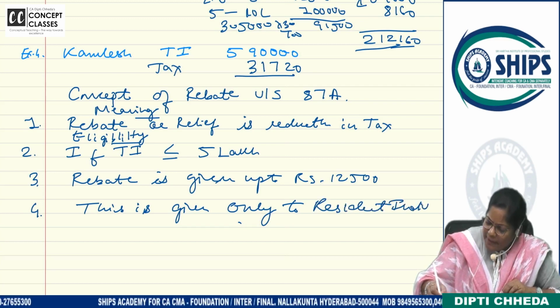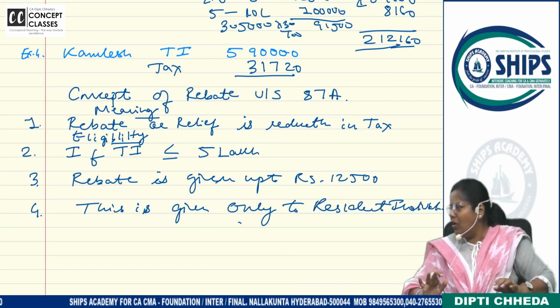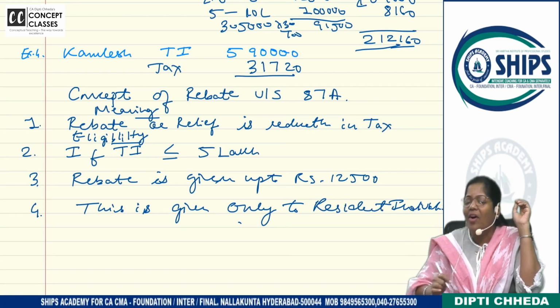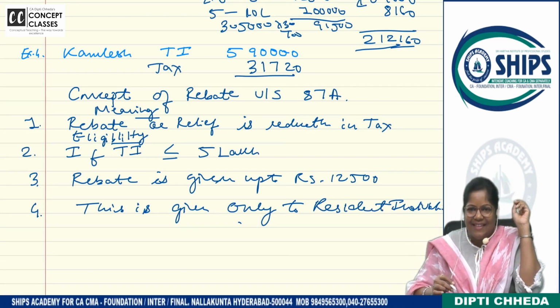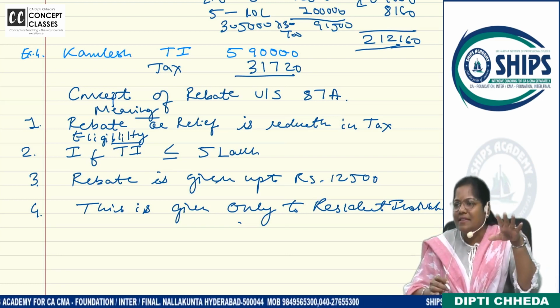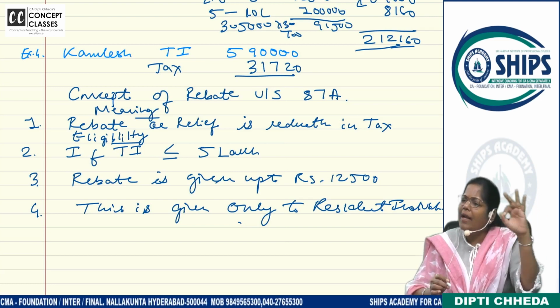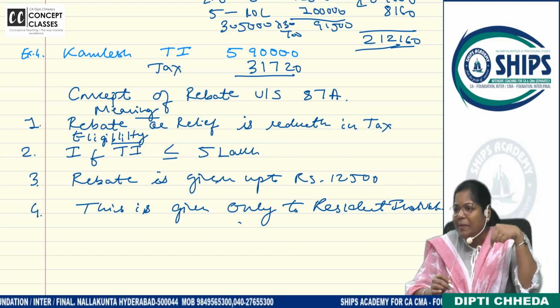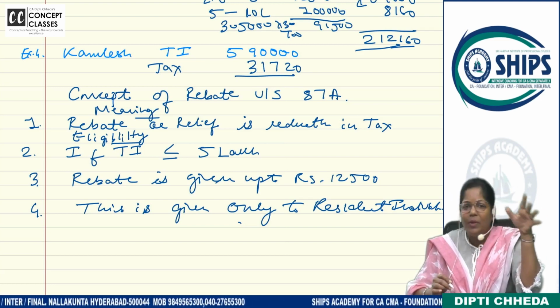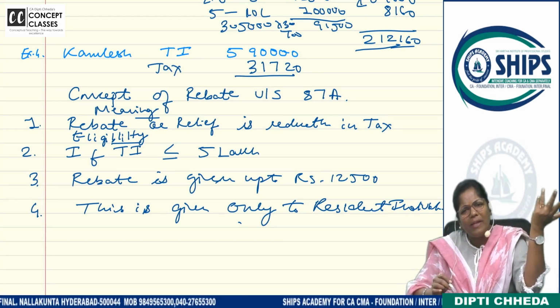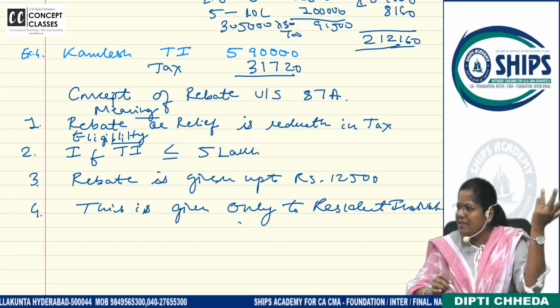Resident means who's a permanent resident in India as of now. Later on we have a chapter called residential status. So if you are a non-resident and you have come to India, you have earned 4,20,000. Will you get a rebate? No. You have to pay tax? Yes, normal. Resident, non-resident, for everyone.